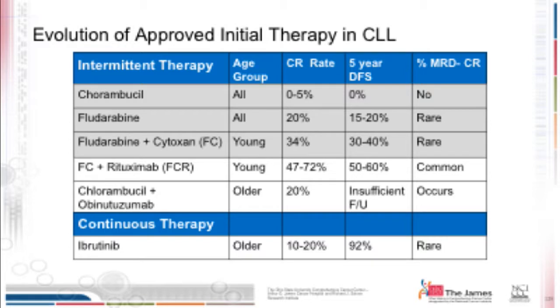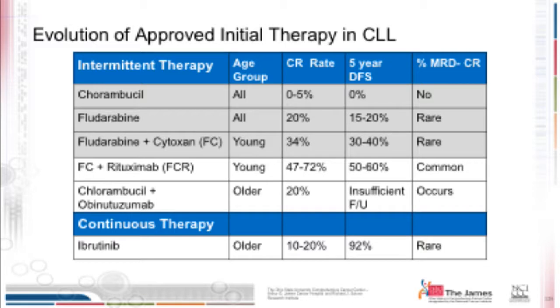Chlorambucil obinutuzumab was introduced as another form of chemoimmunotherapy with a better CD20 antibody, and again, higher CR rate, and MRD occurring again.